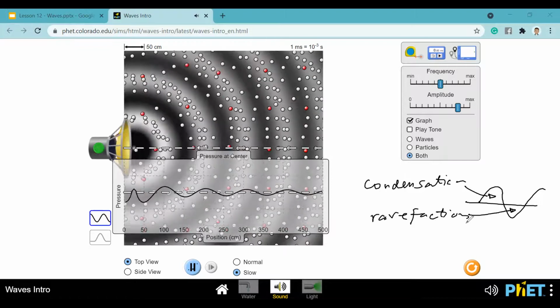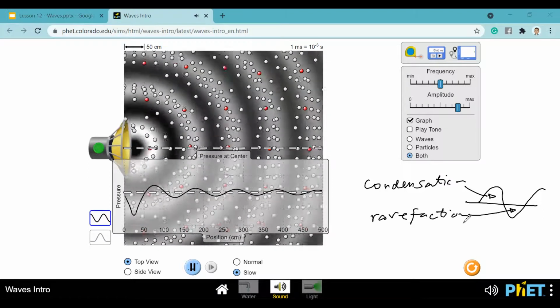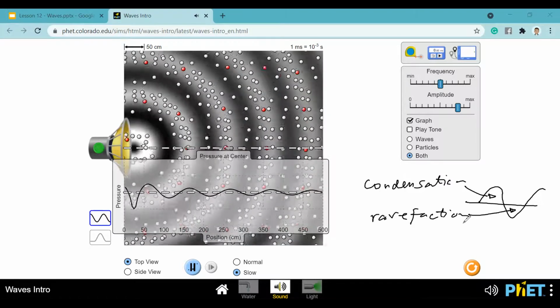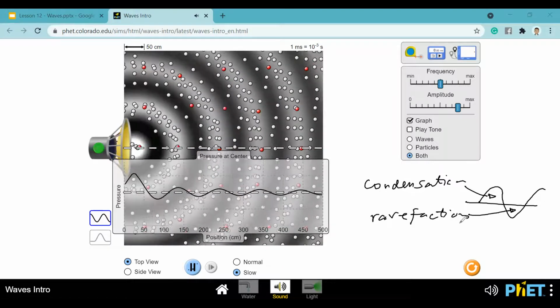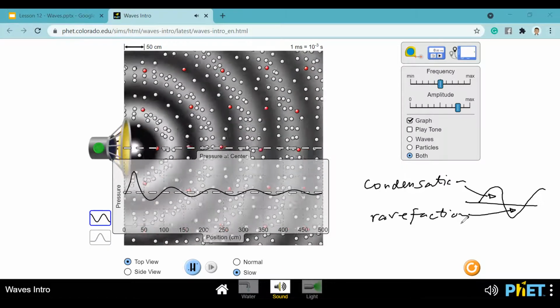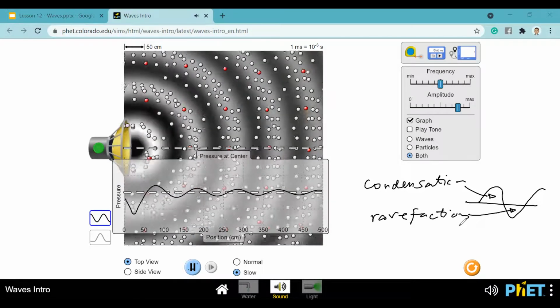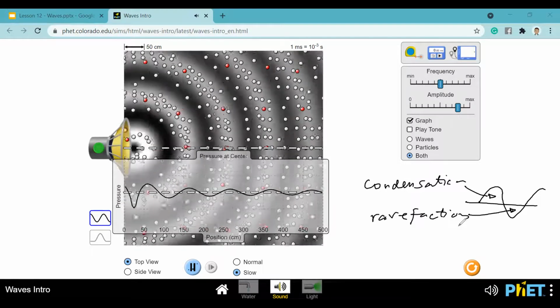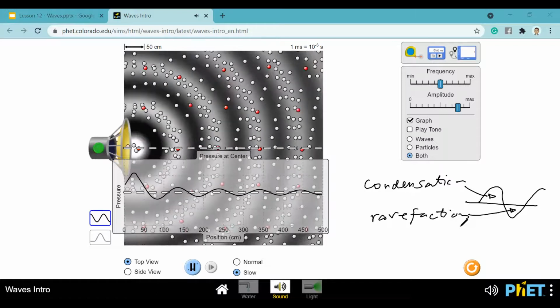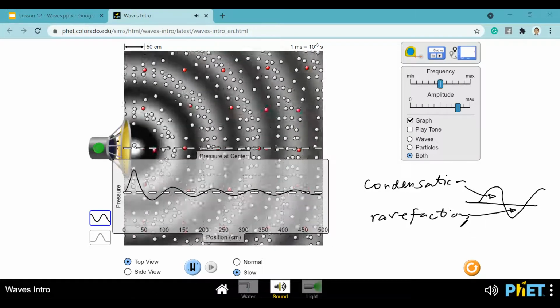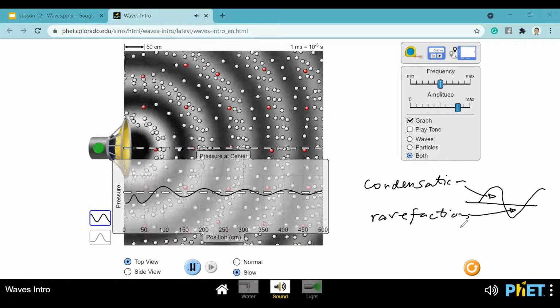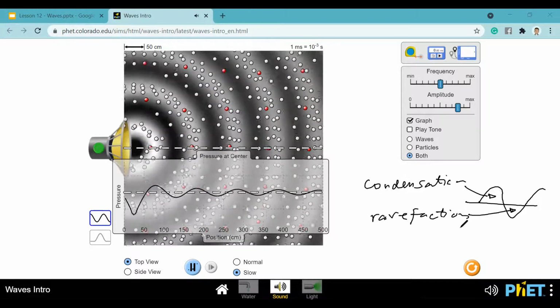However, a normal middle-aged adult hears frequency only up to 12 to 14 kilohertz. Sound waves with frequency below 20 Hz are said to be infrasonic, while those with frequencies above 20 kilohertz are referred to as ultrasonic.